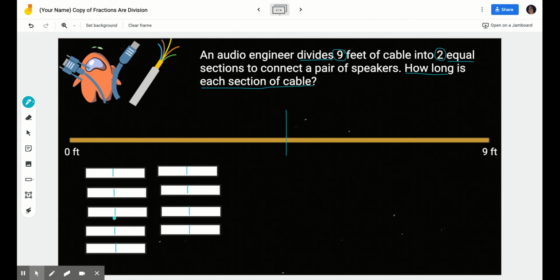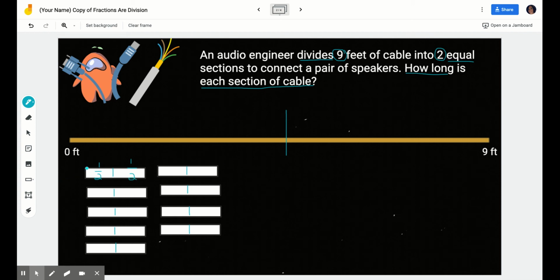So if I looked at these models, I know that 2 1/2 foot sections, I almost skipped that part, 2 1/2 foot sections now make up what was before one whole section.